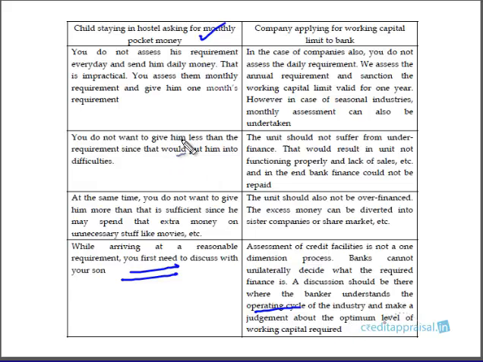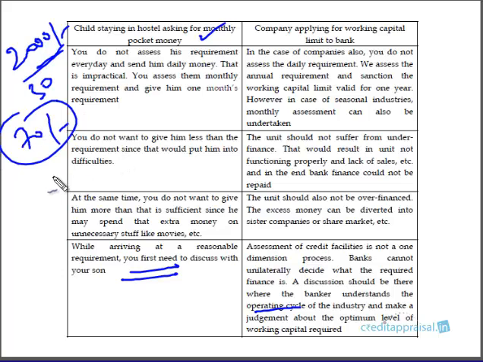So one more analogy we can draw between the child staying in the hostel and the companies. We said 2,000 per month is a reasonable amount for the child, right? Per month he's going to require 2,000 of expenses. You don't assess this requirement every day, right? If you divide this by 30, say you're getting around 70. Okay, you don't do this assessment every day. Today you're going to request 70, tomorrow you're going to request 60.